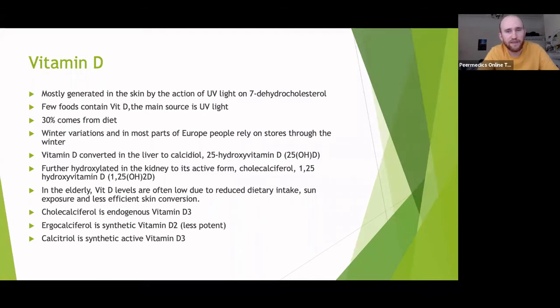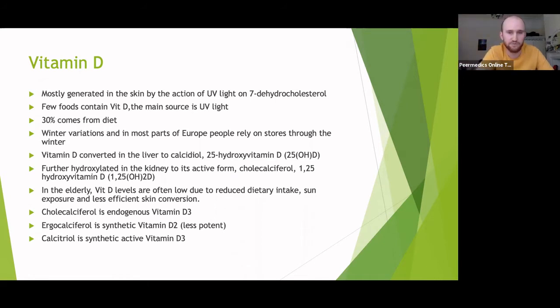So vitamin D is mostly generated in the skin. It's converted by that enzyme there, 7-dehydrocholesterol. What you'll find is that during the winter, Europeans like ourselves often have a vitamin D deficiency.